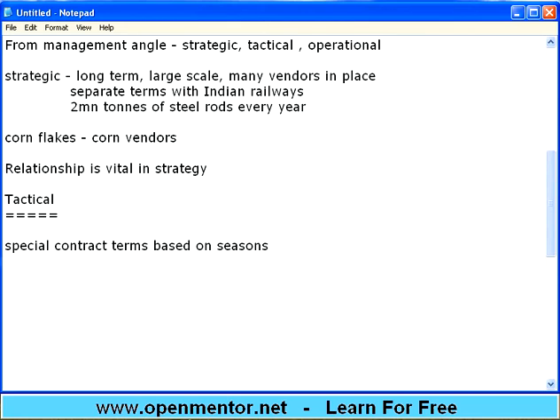Special contract terms. Then some of the tactical items will be backup vendors, right? You may source from different vendors, but primary vendors and backup vendors, these are all tactical items, so that these tactical items will help in the near short term, maybe 1 quarter, 2 quarters.